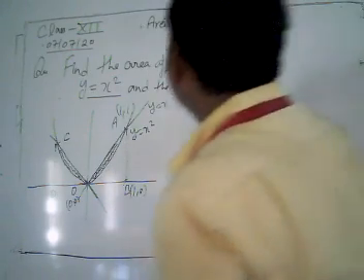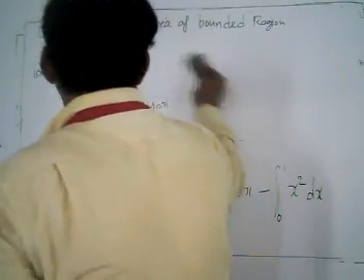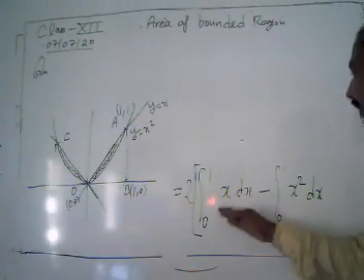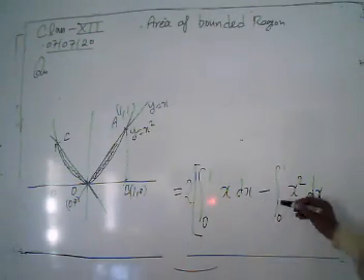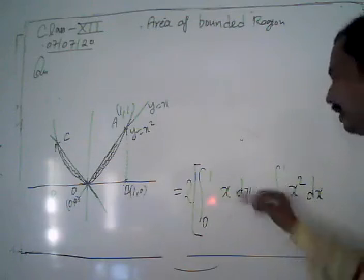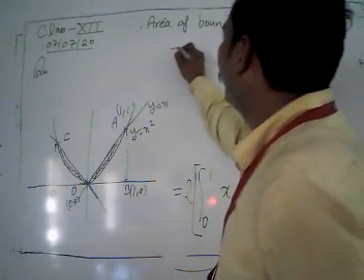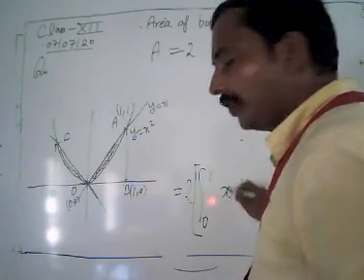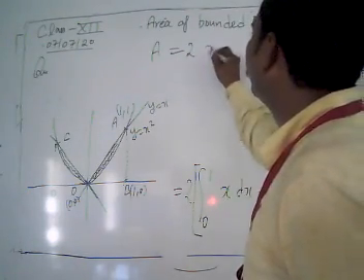Now look, we have 2 times the integral from 0 to 1 of x dx minus the integral from 0 to 1 of x square dx. We are now going to integrate it. The area is given by 2 times the integration of x, which is x square by 2.